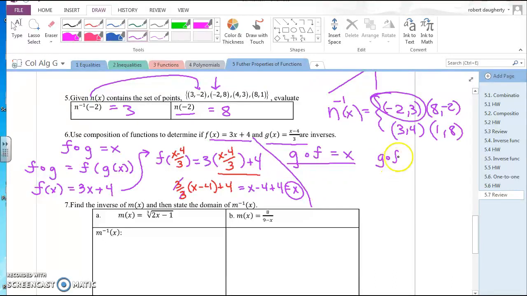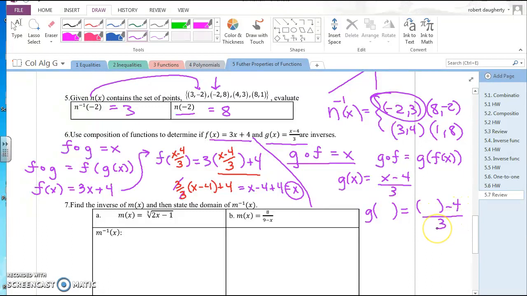So g composition f is g of f of x. The way I do this, g of x is (x minus 4) over 3. Let's write it with just parentheses. Now I'm going to plug f into there, so I need to plug in g of f. So f is 3x plus 4.